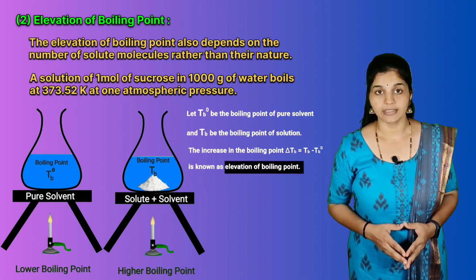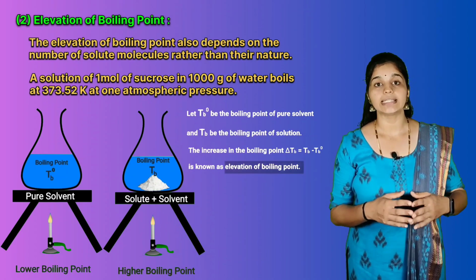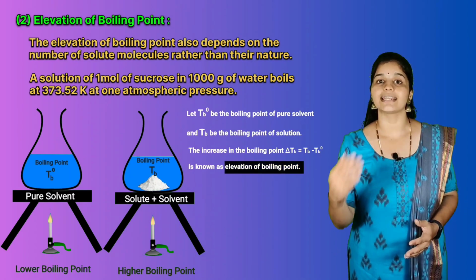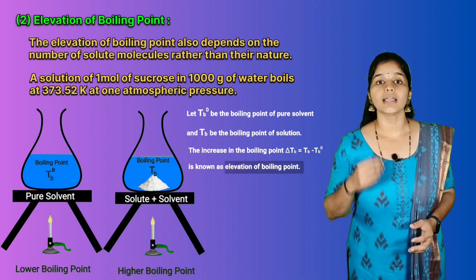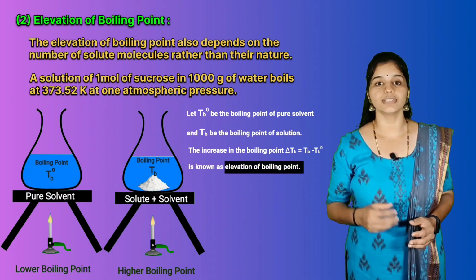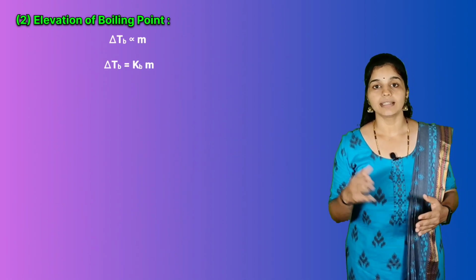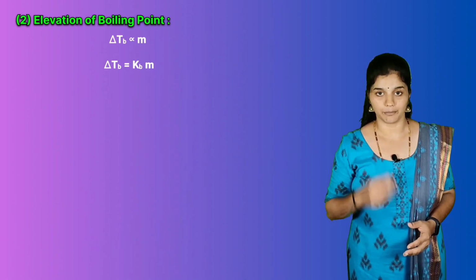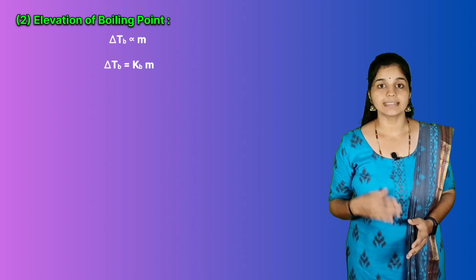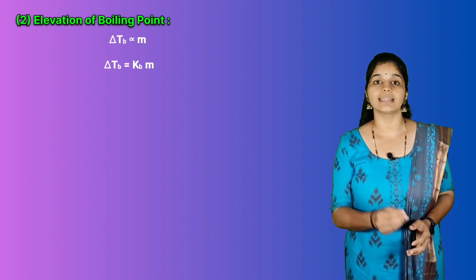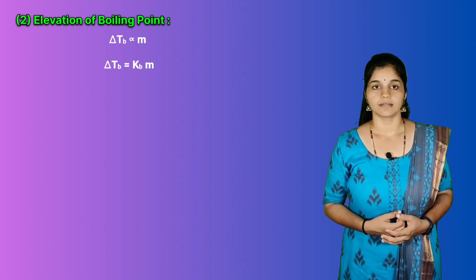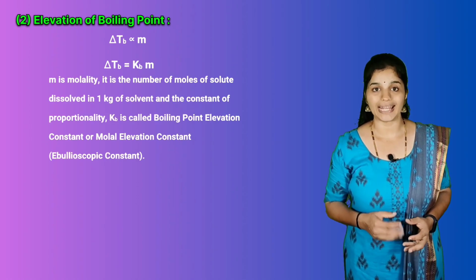Experiments have shown that for dilute solutions, the elevation of boiling point is directly proportional to the molal concentration of the solute in the solution. That is, delta Tb is directly proportional to m, or we can write delta Tb is equal to Kb into m. Here, m is molality.